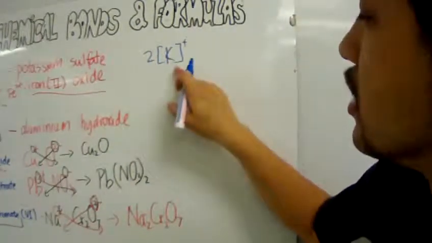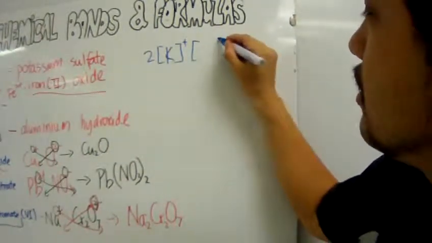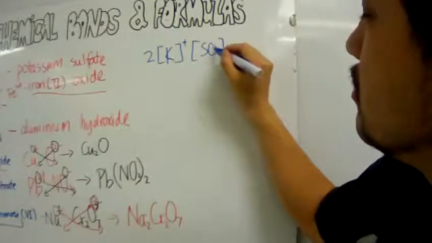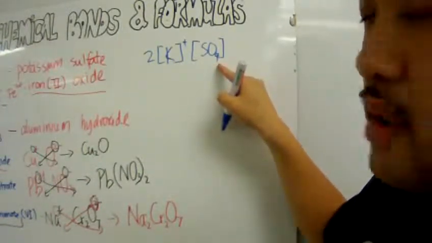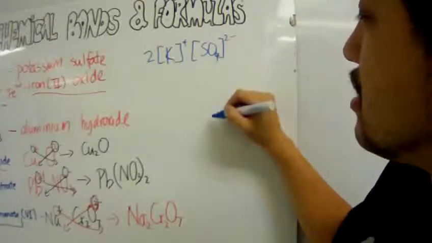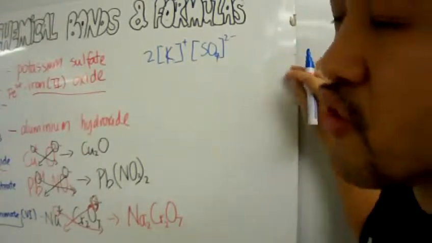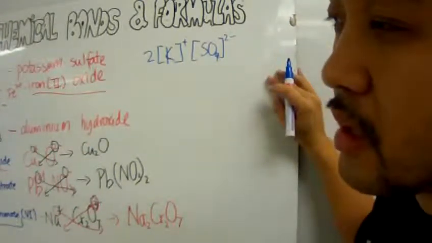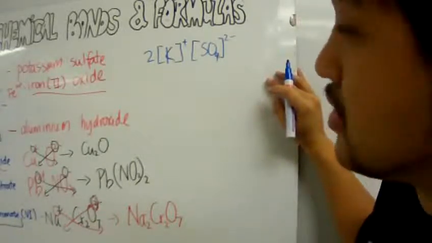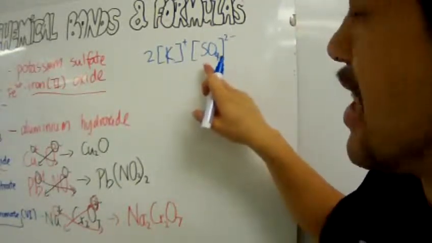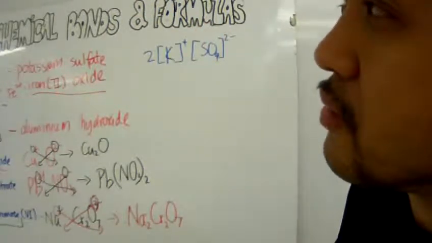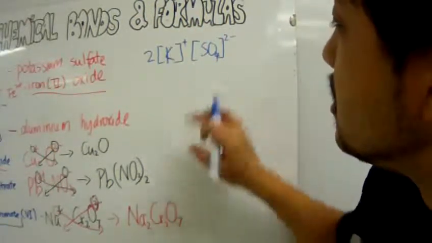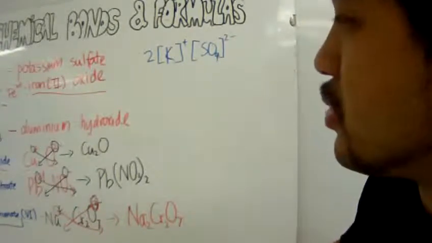So we have 2 K, and we have the sulfate, which we will write as SO4, and the charge of the sulfate is 2 minus. Now we don't really need to draw the valence electrons because it is more complicated than the simple binary ionic compounds that we've learned previously. So that's just how you would do it.